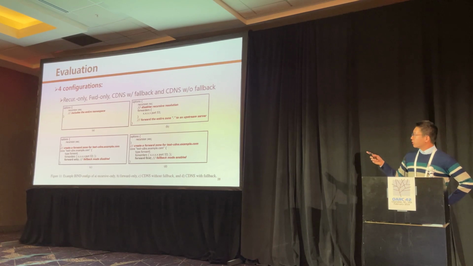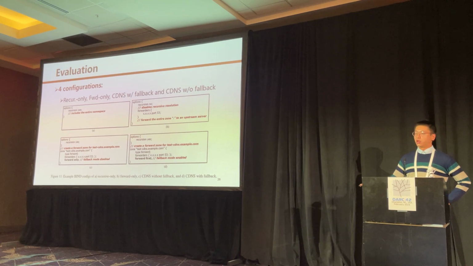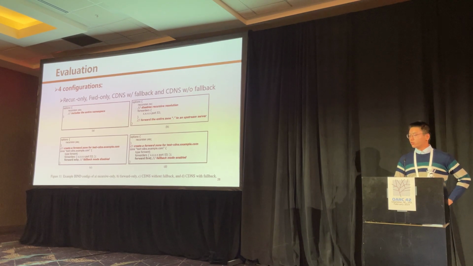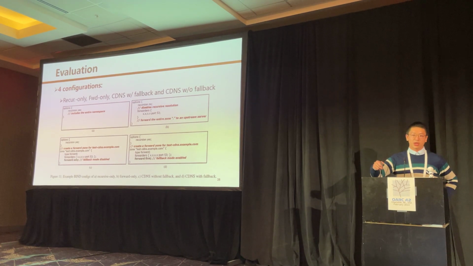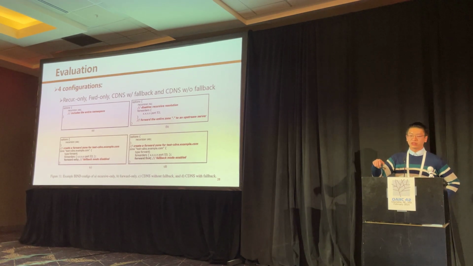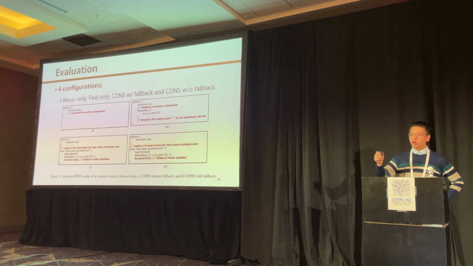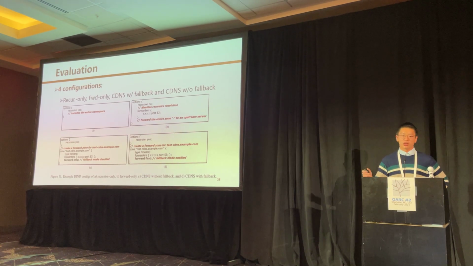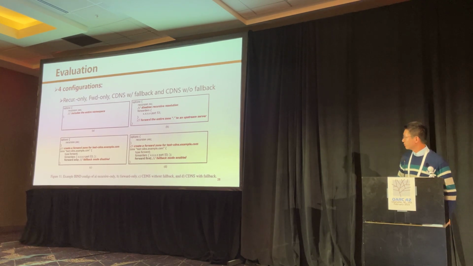For this kind of CDNS settings, they also have forwarder only and forwarder with fallback. Which means if you fail to get a result by the forwarder mode, you just fall back to the normal recursive resolution process and try to get a result. Without fallback, if you failed to use the forwarder to get a result, that's done. We just don't get a result.